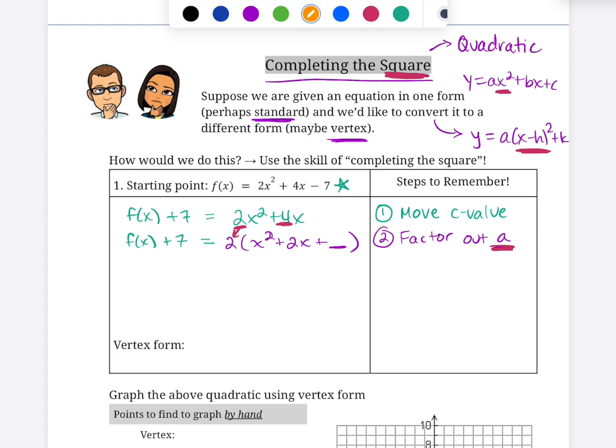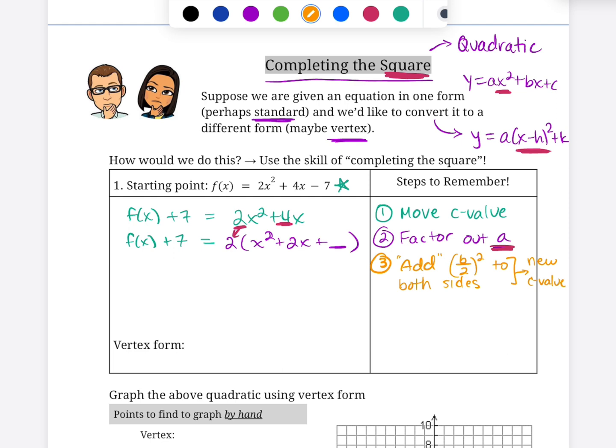Okay, here's the big part where we're actually completing the square. We are going to add, and I use the word add in quotation marks because it may end up at times being subtraction if you have a negative a value, (b divided by 2) squared to both sides. This is how we find our new c value.